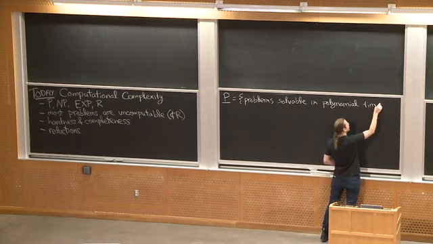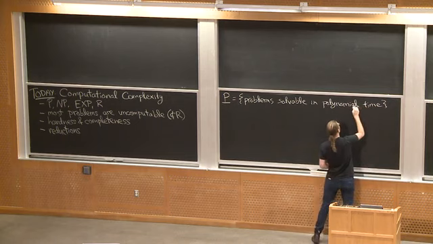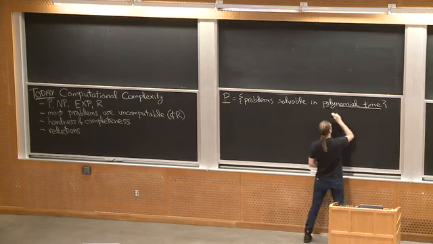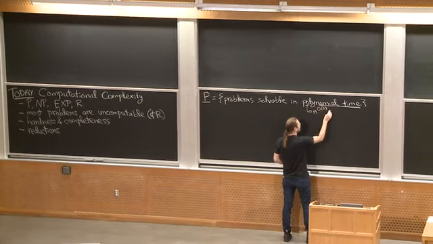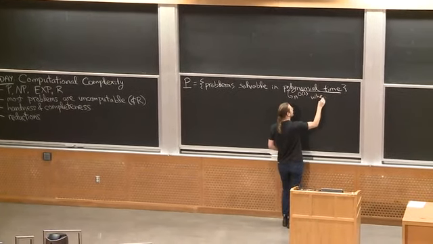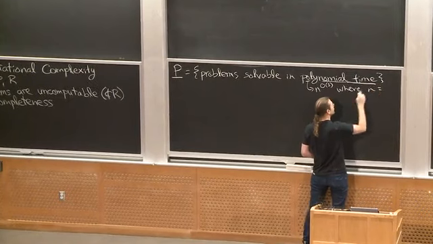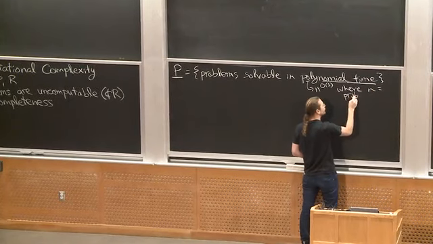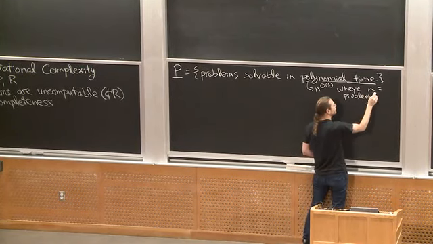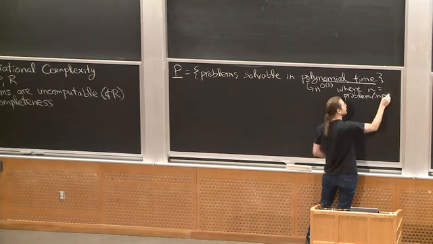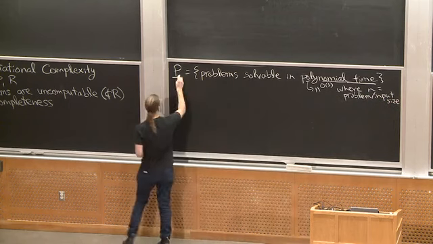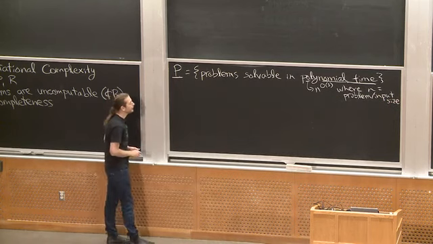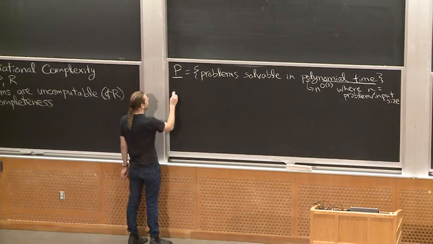So just recall that polynomial time means polynomial in the problem size, which I'll denote as n here, the number of words in your input. OK. So these are the problems that are efficiently solvable. P is the set of all of them.